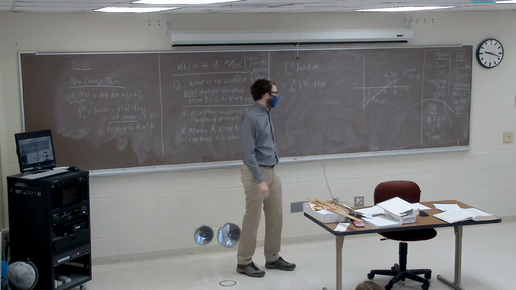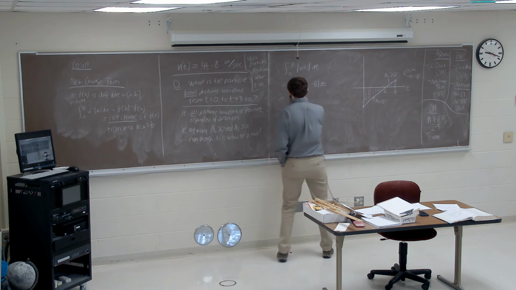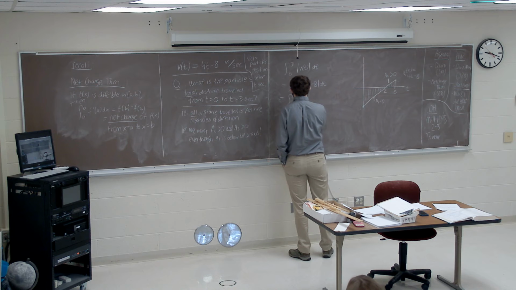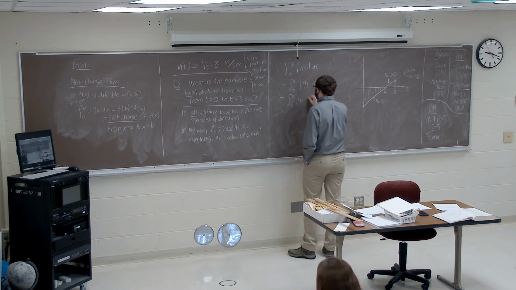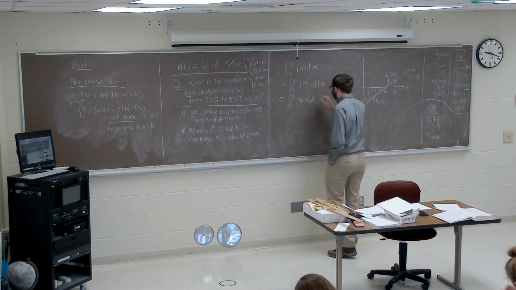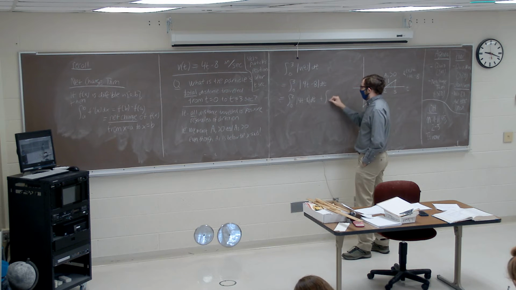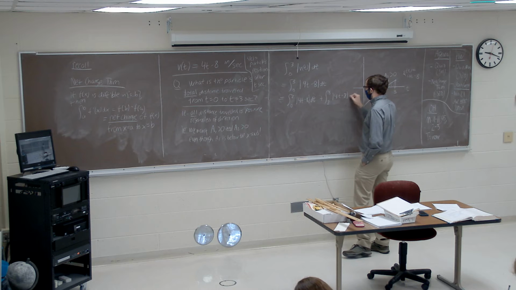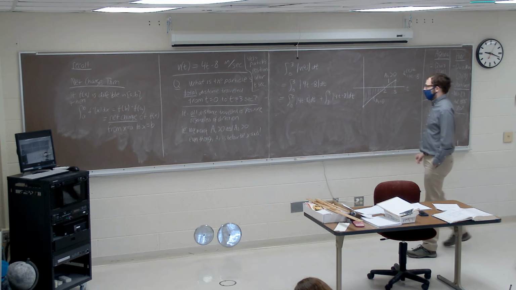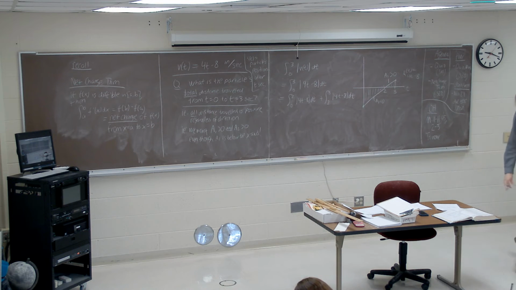I'm going to break this up into 2 separate pieces. I'm going to do an integral from 0 to 2 of the absolute value of 4t minus 8 plus an integral from 2 to 3 of the absolute value of 4t minus 8.